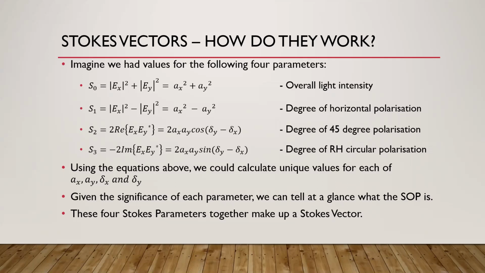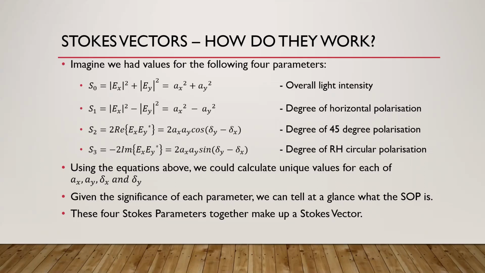Similarly, for S3, we've got the degree of right-hand circular polarization. And that's defined as minus 2 times the imaginary part of EX EY conjugate, which works out as 2AXAY by the sine of the phase difference between them. And again, we know for right-hand circular, or for any circular polarization, that the phase difference must be exactly pi over 2. And again, the sine of pi over 2 is 1.